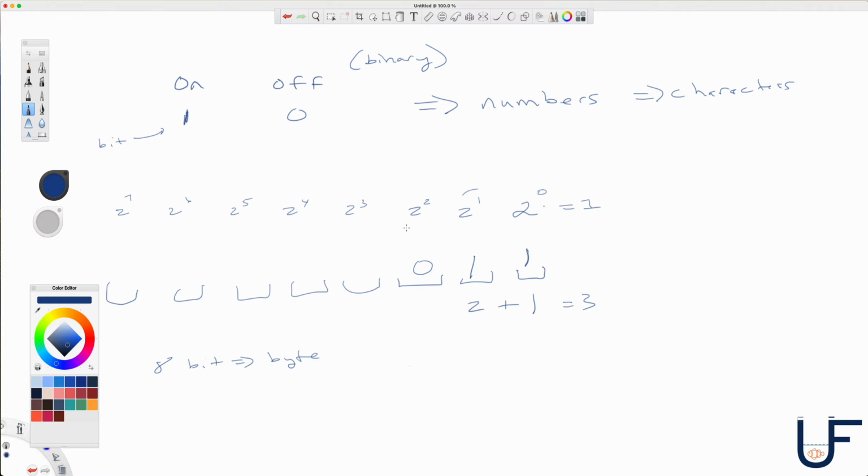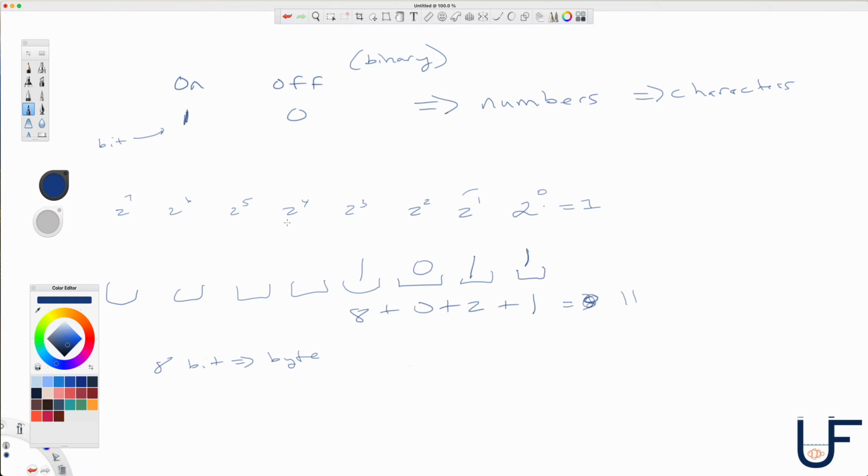This is off. So this would be 0 plus that. And let's say I set this to 1. So 2 to the power of 3 is 8. 8 times 1 is 8, so it's on. You would add. So 8 plus the 3 we already had is 11, right? So now 1011 is equal to 11 in integers.